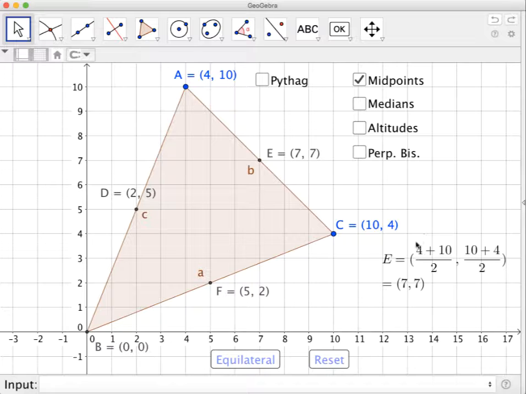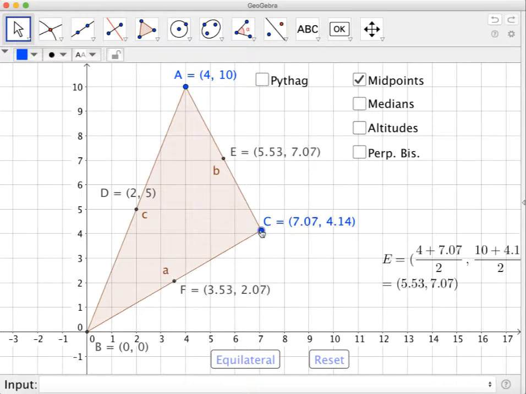That gives us our x coordinate of point E, which is 7. We then take the y coordinates, so 10 for point A and 4 for point C. We add those together and divide by 2 to get their average, and again we get a value of 7. So E has coordinates of (7, 7).